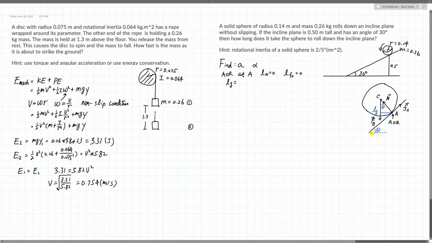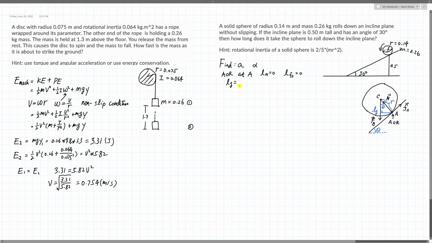The inclined plane's angle is the incline with the horizontal, and this angle is the normal of the incline with the vertical. So you could prove it if you want. So okay, this length here, the physical length, that's the radius of the sphere, and that's the angle theta. This is the perpendicular distance. So in this right angle triangle, we have that distance is r, the hypotenuse, times sine theta.